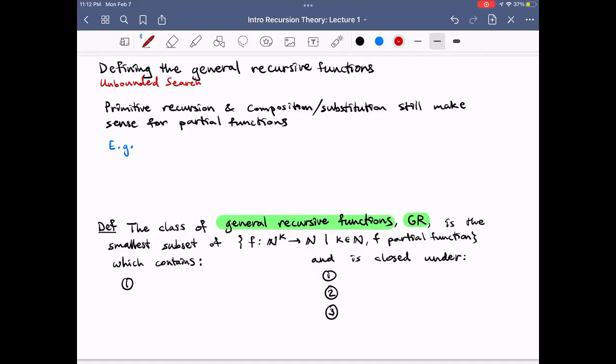First, I want to say that primitive recursion and composition / substitution still make sense even when the functions involved are just partial functions rather than total functions. So in other words, if f and g are partial functions from natural numbers to natural numbers, we can still define their composition.